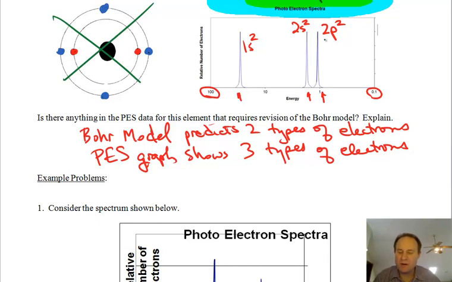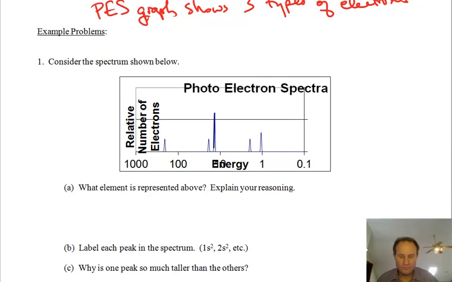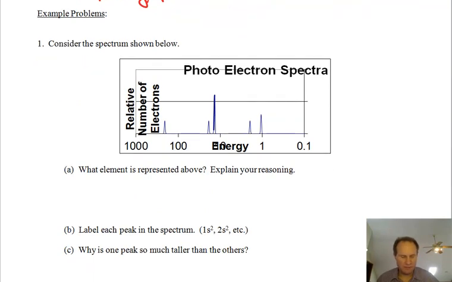We have experimental evidence with this PES spectrum that really confirms there are electrons with 3 different types of energy levels. Let's take a look at another example. If we look at this, and I'm not sure why it's showing up the way it is, but we're fine and dandy. As we look at this, here's what I see.